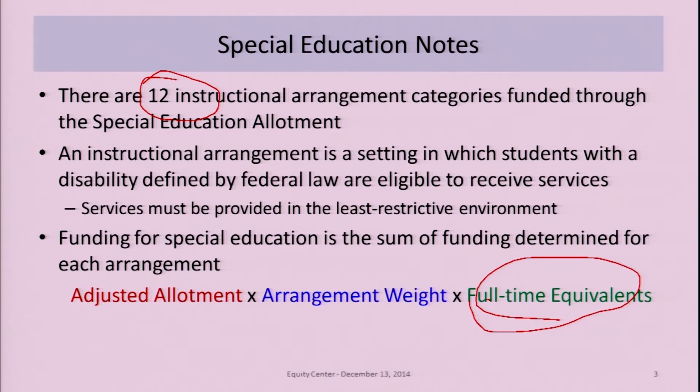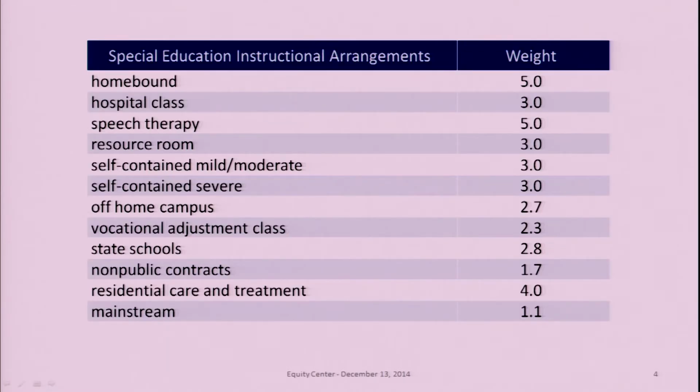And as you recall, that's 30 hours of contact, 30 contact hours a week is equivalent of one FTE, or full-time equivalent. And those are the arrangements you see on the screen there.